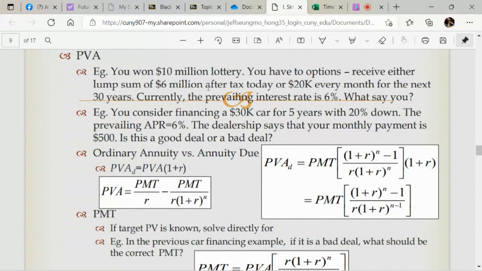Make sense? Because otherwise, why would they pay you the money? Why would they pay you, like $20,000 to buy that right from you? Right? Does that make sense?